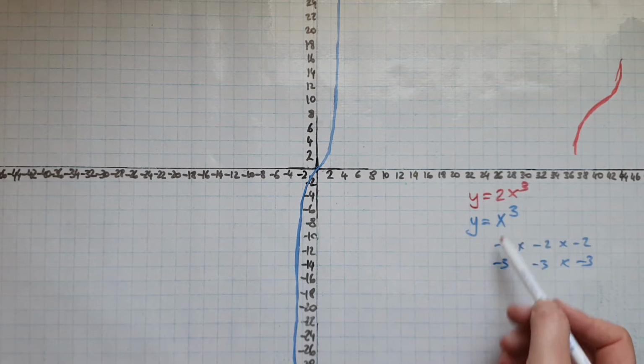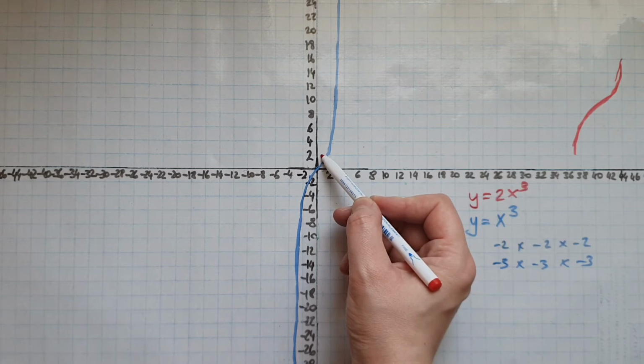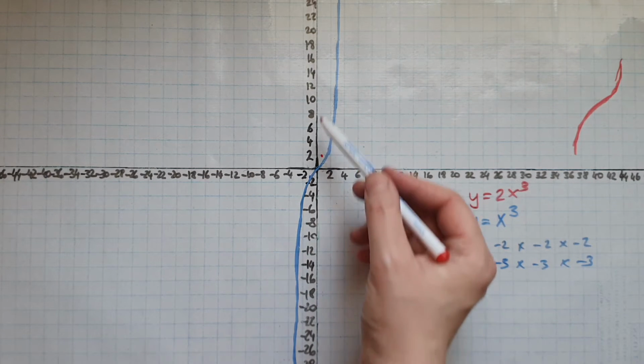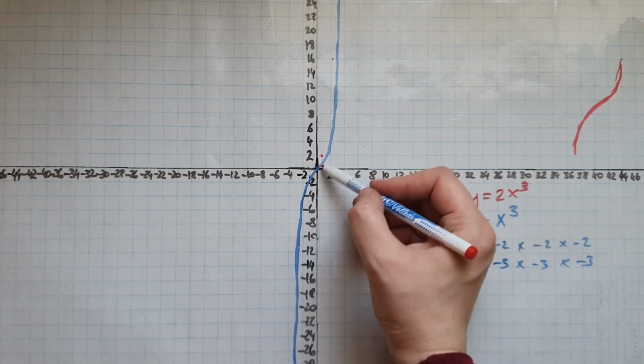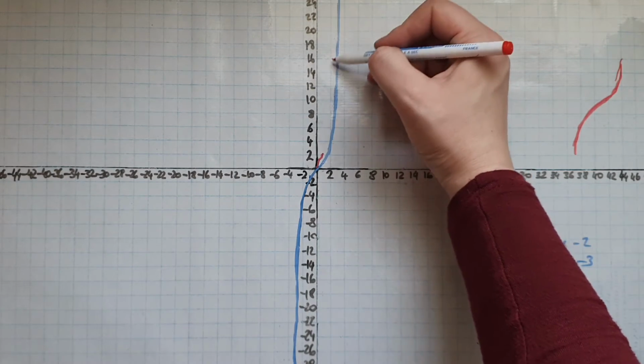So for example, 1, 2 we'd have here, and then we'd have 2, 16. So it goes even more quickly.